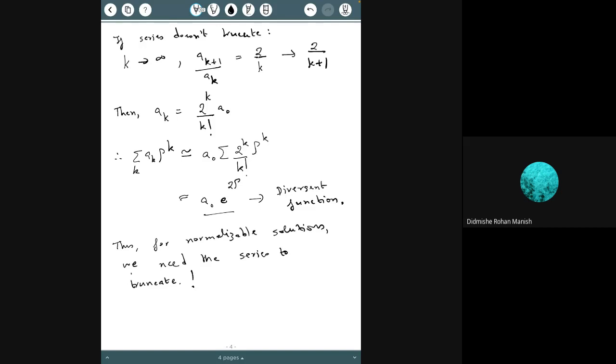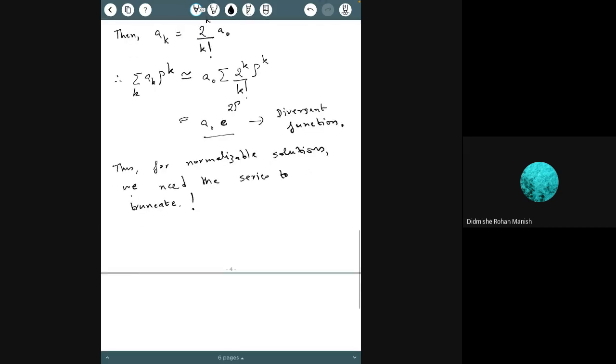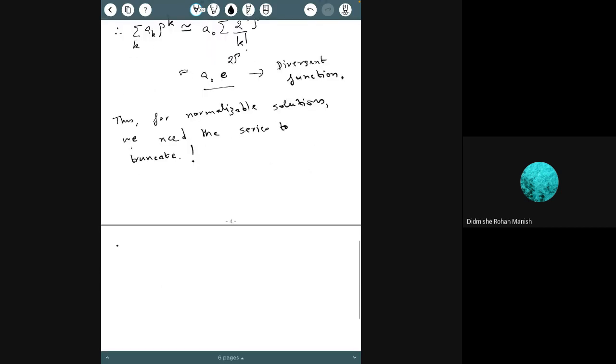So I can also reframe this by saying that we want a polynomial for W of a finite degree, capital N, let's say.